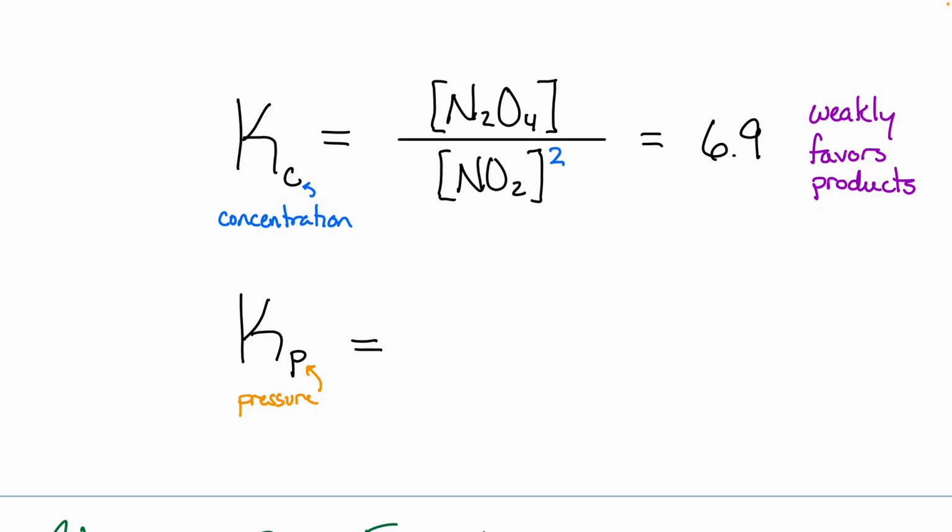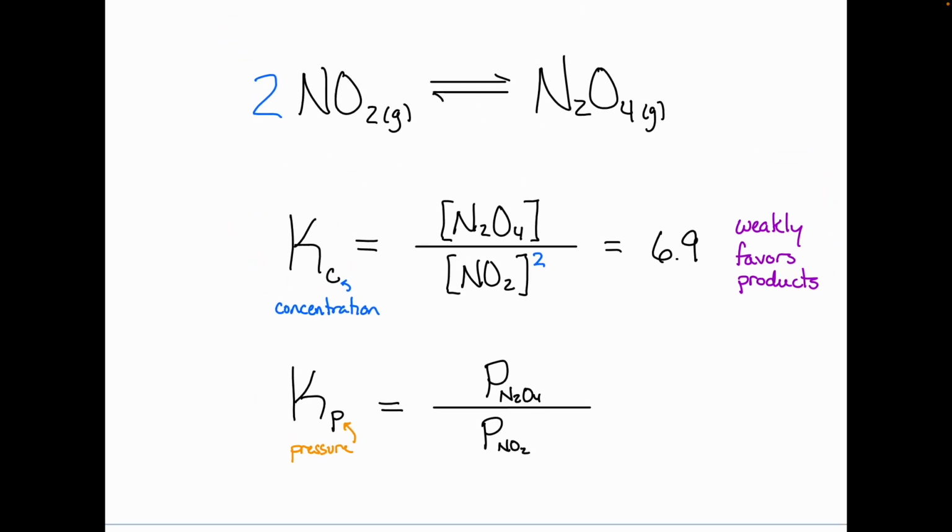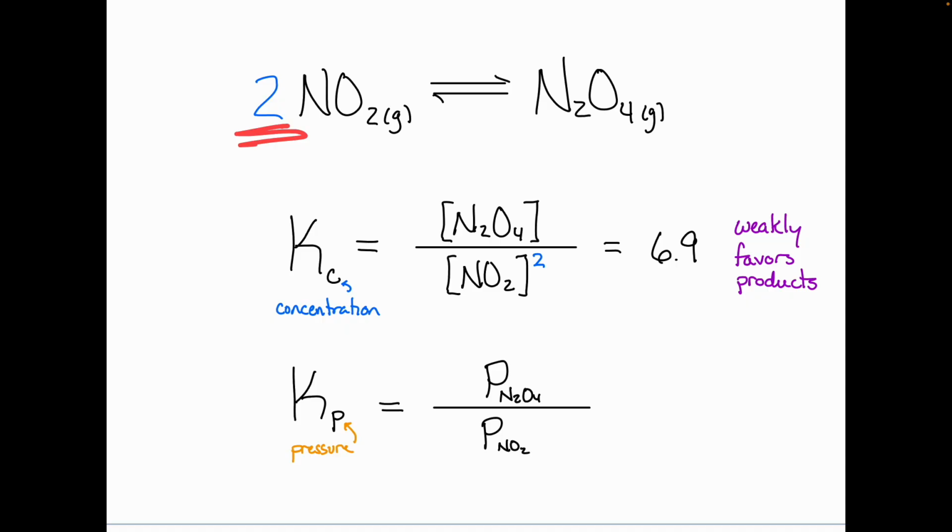But you build it the exact same way. It's still products over reactants. So now it would be the pressure of that product over the pressure of that reactant, and you still turn that coefficient into an exponent. It's just a convenient little trick since concentration and partial pressures are always proportional to one another.